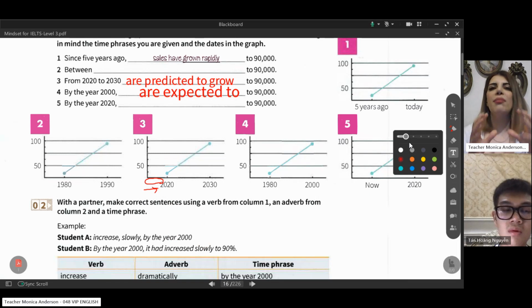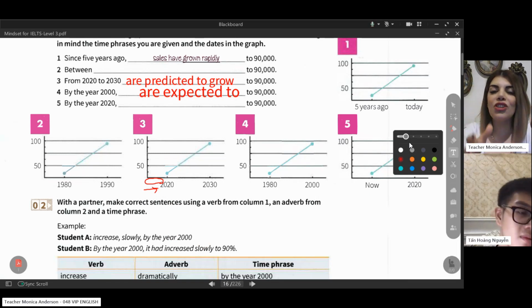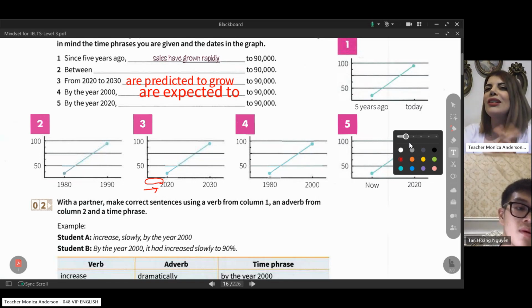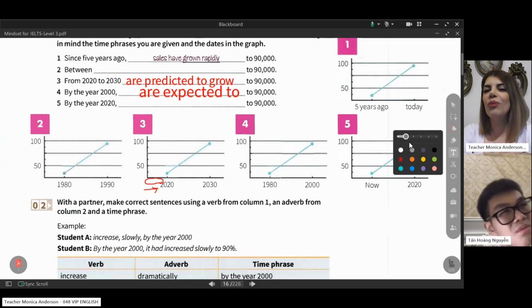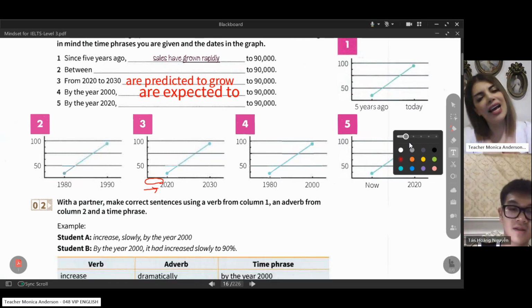We are talking about a time in the past, before another time in the past. Do you remember the tense that we normally use when we want to talk about actions that happened in the past before another action? That's it, so we need to use past perfect.